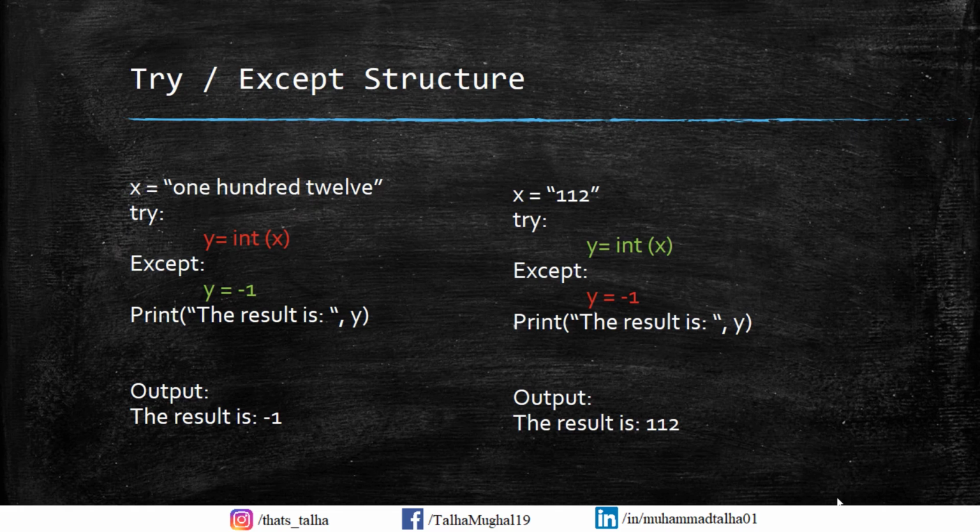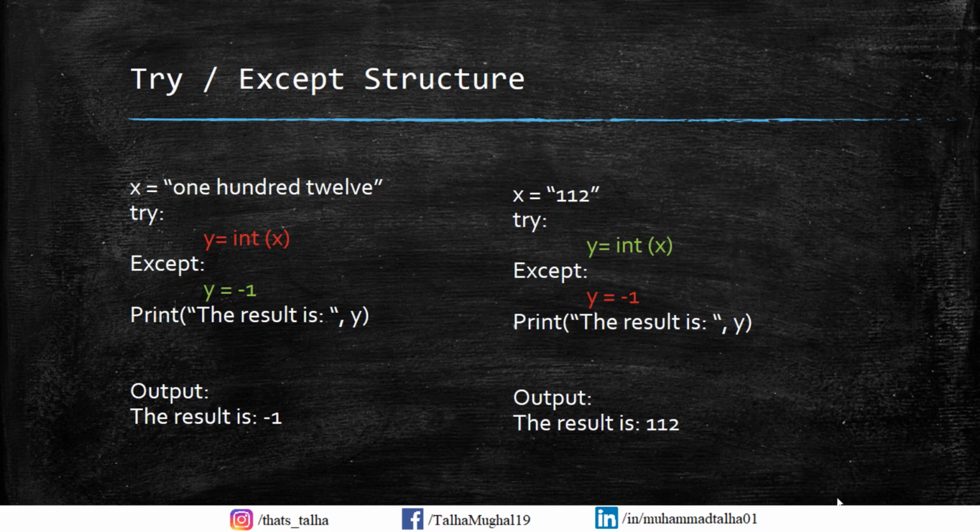If this code works, the program will ignore except. But as we know, the int function cannot convert such a string into an integer, so this line of code will not work, and the program will move to the except section. In that section, -1 will be assigned to the variable y. After that, we print out the result is y, which is -1.